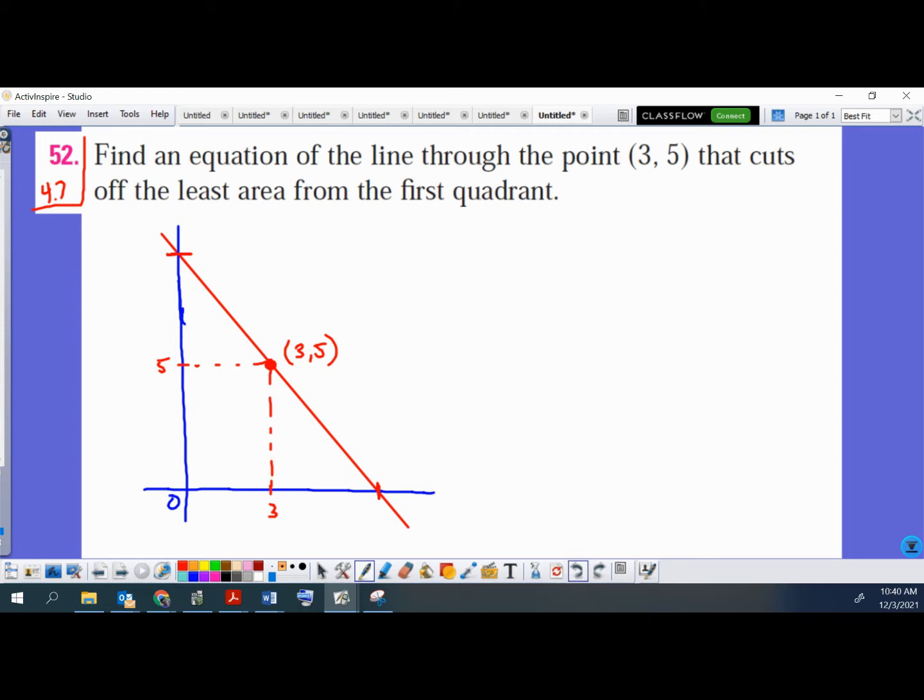There are a few ways to approach this problem, and we actually did this one in class the other day. In my fall 2021 class, one student talked about doing it using geometry, looking at these triangles, and that can work.